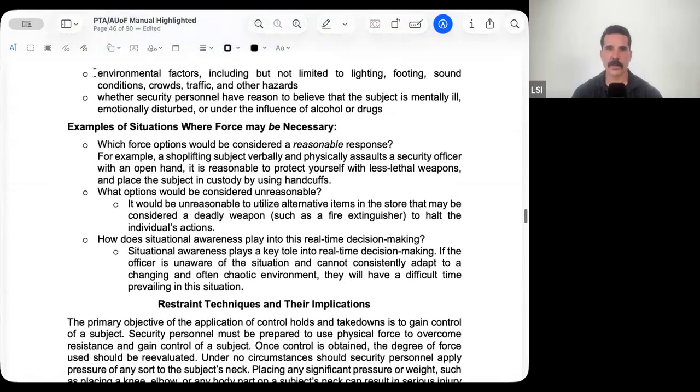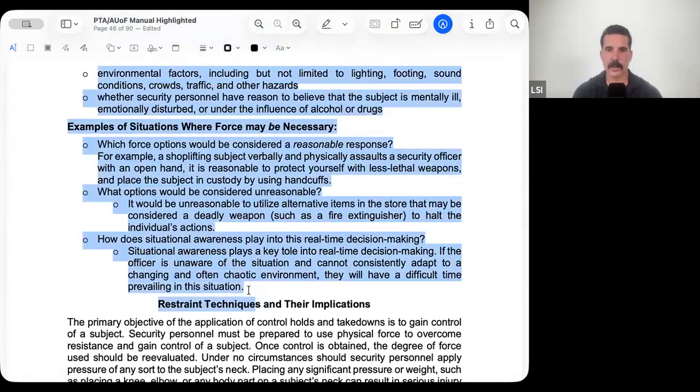All right, and it continues with a few more bullet points. Here we go. Environmental factors, including but not limited to lighting, footing, sound, conditions, crowds, traffic, and other hazards.